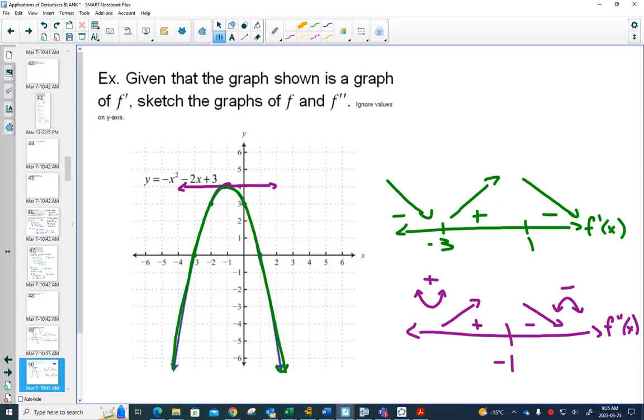And this is a little bit bothersome for some students, because you can basically put your minimum, maximum, and inflection point anywhere. So you're like, oh, minimum at -3, I want it here. Inflection point at -1, I want it here. Maximum at 1, I want it there.